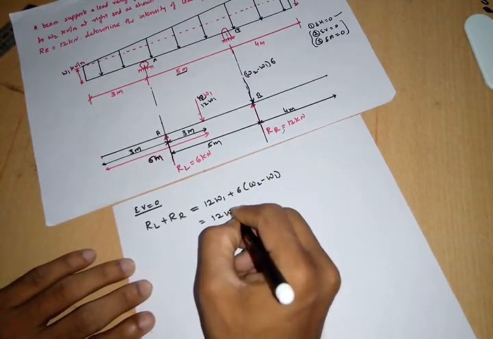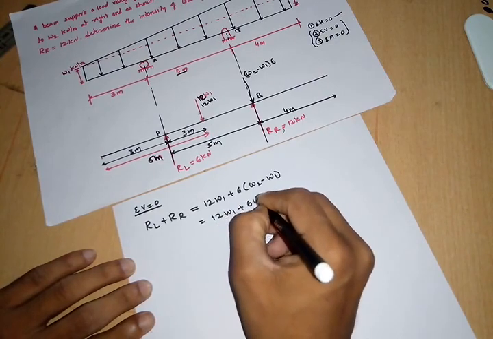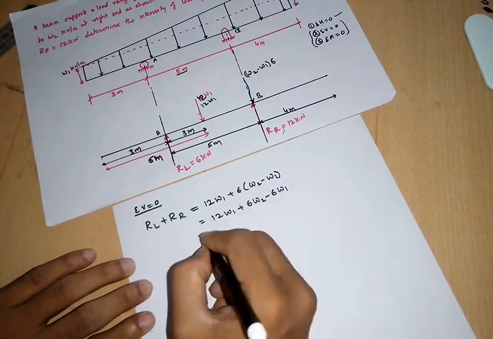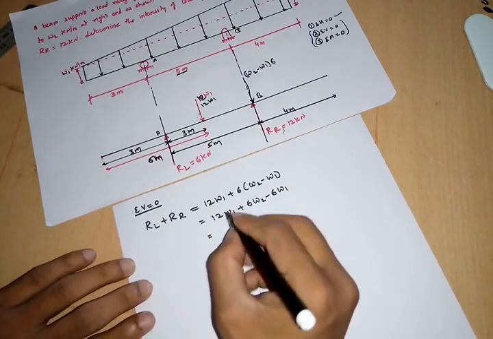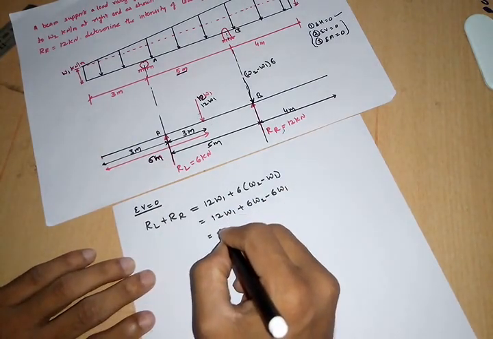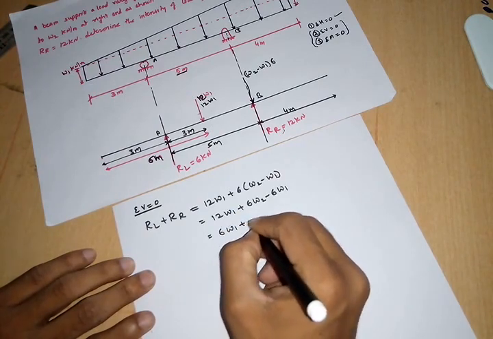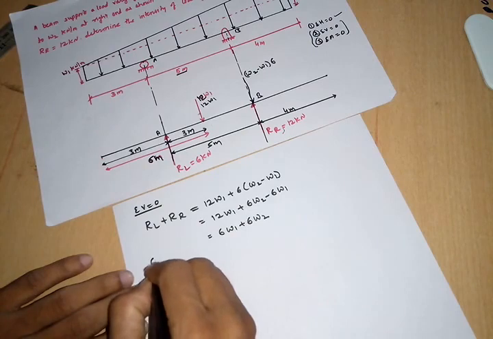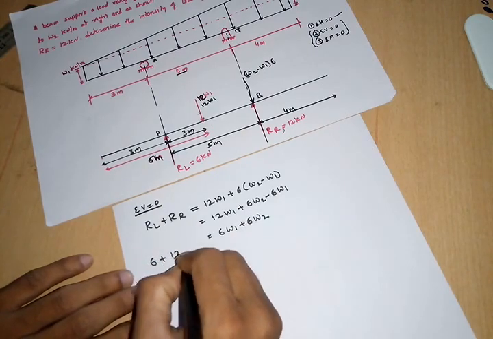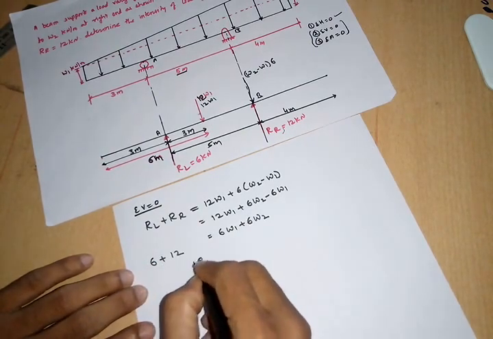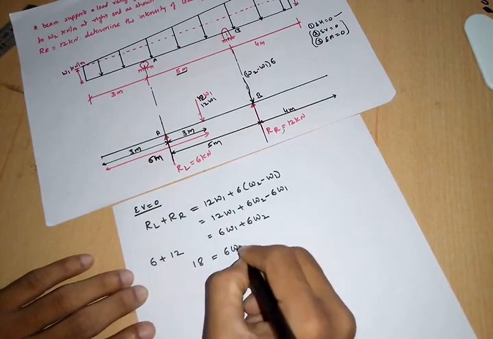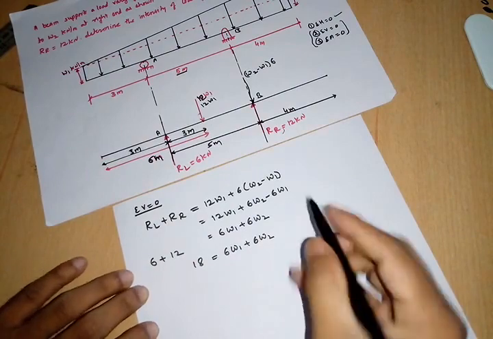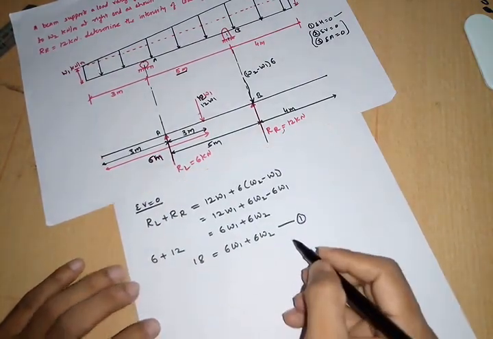So this becomes 12W1 plus 6W2 minus 6W1. This can be written as 6W1 plus 6W2, and RL plus RR is 6 plus 12, so 18 is equal to 6W1 plus 6W2. Call this equation number 1.